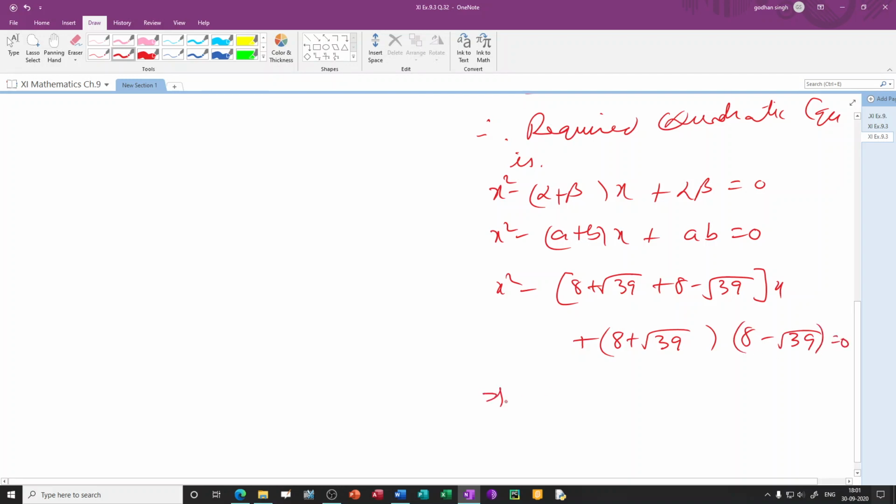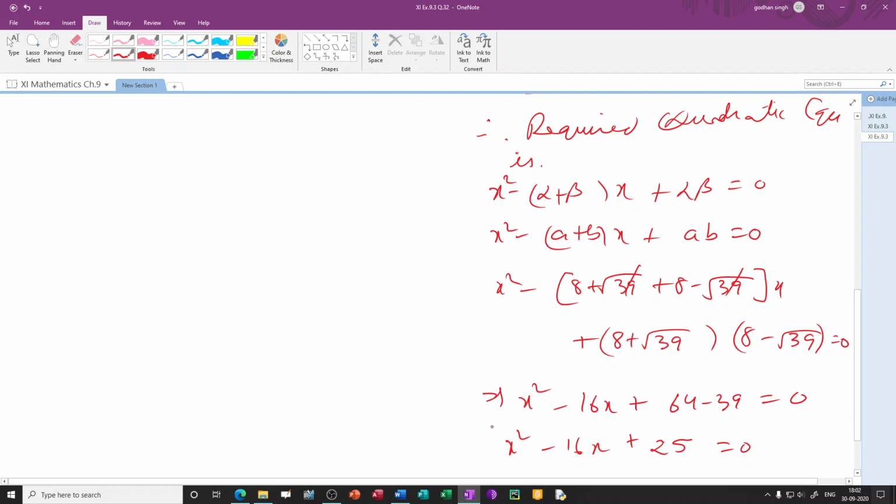Root 39 and minus root 39 cancel out, 8 plus 8 is 16, so we get minus 16x plus 8 into 8, 64 minus 39, which gives 25, equal to 0.